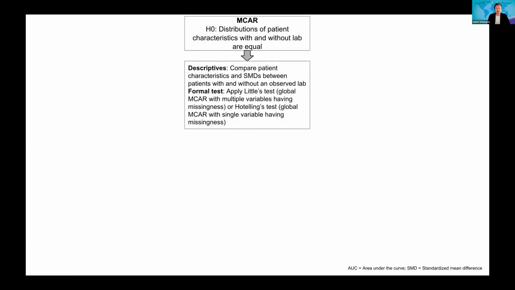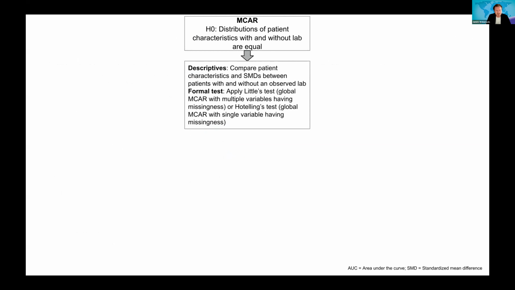The proposed systematic workflow would always start with the null hypothesis to explore the possibility of a lab being missing completely at random. This can be done descriptively, for example, by comparing patient characteristics and standardized mean difference between patients with and without an observed lab.